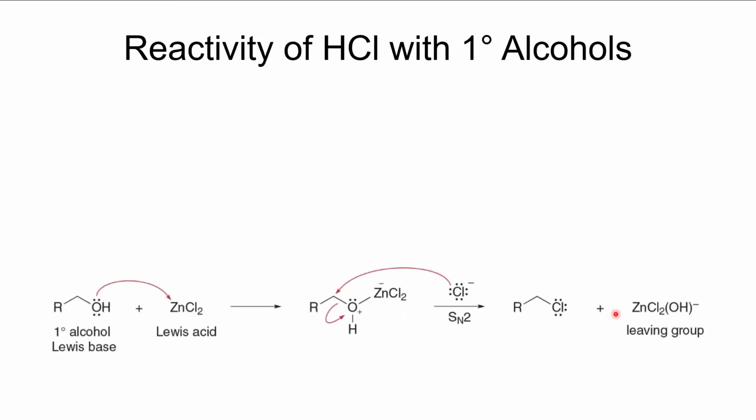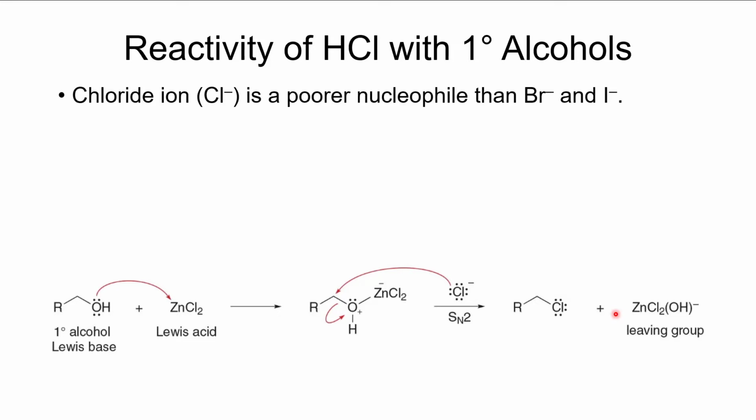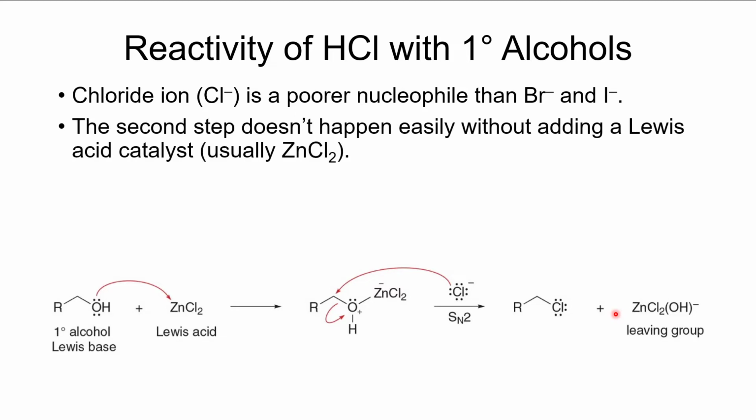All right, so if we're going to do the primary, of course, primary has to go by an SN2 mechanism. And the chloride is just not as good of a nucleophile as the bromide and the iodide. So it just doesn't work as great as a nucleophile. So we need to add a Lewis acid as a catalyst that will help the reaction. Technically, it's not really a catalyst because it gets used up in the course of the reaction, and catalysts, by definition, don't get used up.